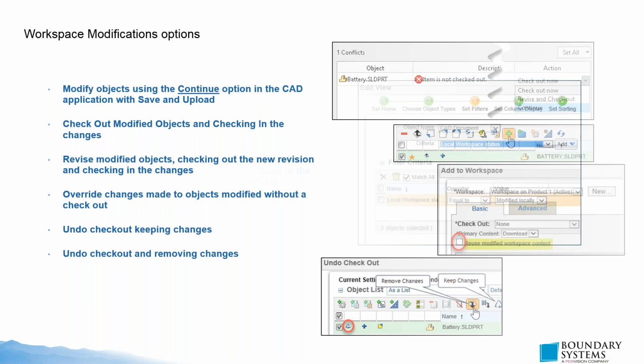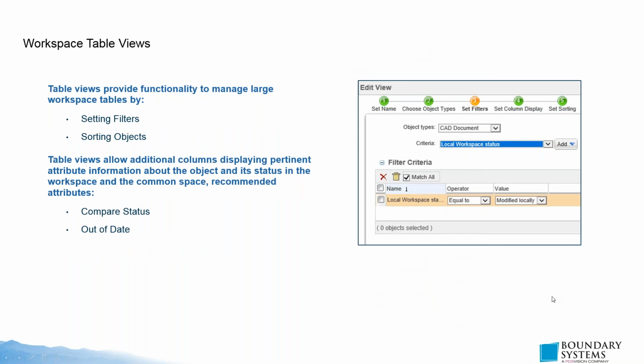the table views. And the table views are a functionality that allows you to control what information is being displayed in the columns for your objects in the workspace. And this is highly beneficial when you have a large number of objects in your workspace and you're trying to manage them.